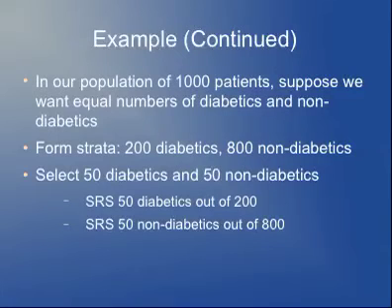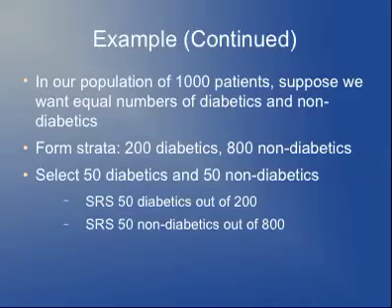So in the example of this clinic, say that you want to be able to draw some inferences about the differences between diabetics and non-diabetics. So you want to make sure that you have a sufficient number of diabetics in your sample.